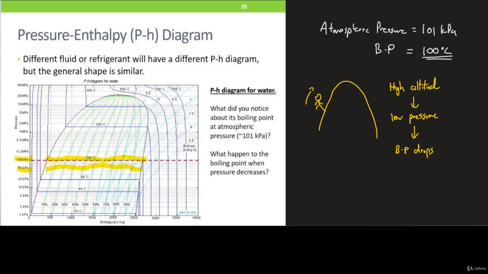That is to say, pressure and boiling point are interrelated. The lower the pressure, the lower your boiling point. That's the working principle behind a pressure cooker, where we increase the pressure such that your water will not boil at 100, it will boil maybe at 120 degrees, and your food starts to cook faster.